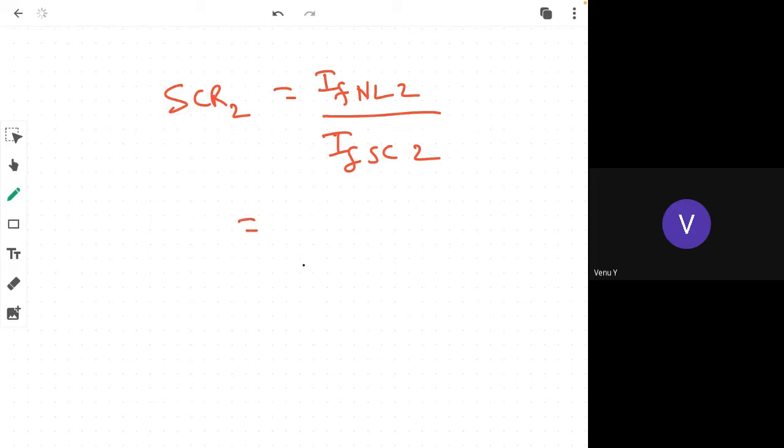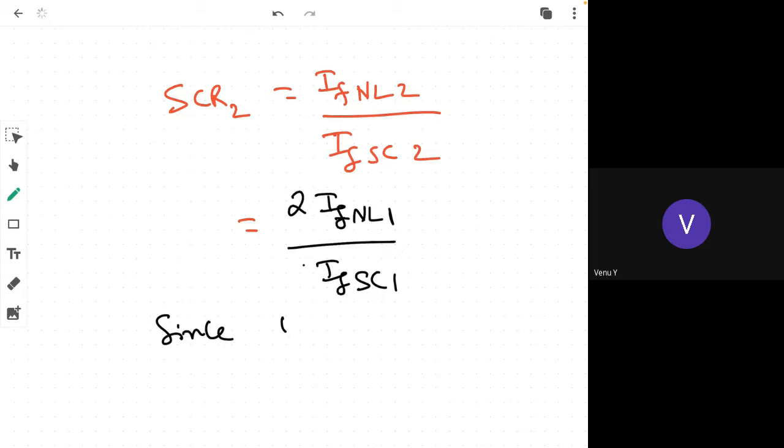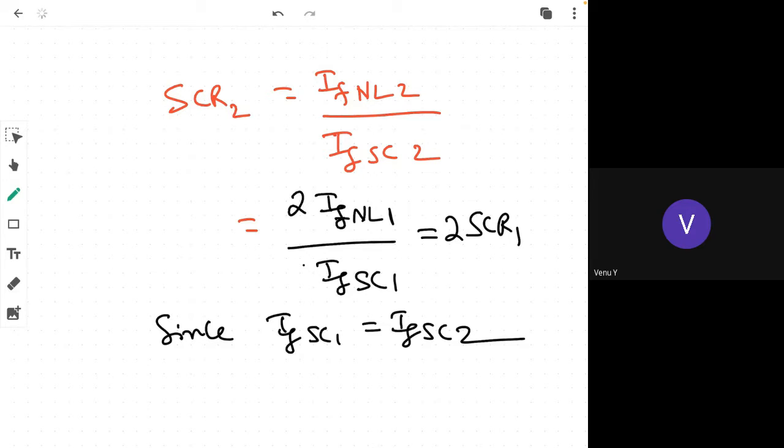Now this is equal to 2 into IFNL1 by IFSC1, since IFSC1 equals IFSC2, and hence it is equal to 2 into SCR1.